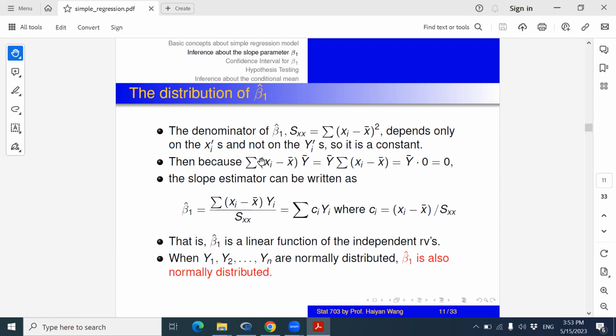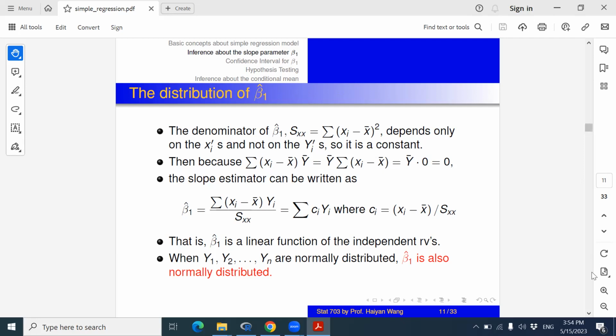Because the sum of xi minus x bar times y bar is simply 0. If that part is 0, there's no need to keep it in there, and it would only make the distribution of beta 1 hat hard to obtain. But after we get rid of that, you can see that beta 1 hat is a linear combination of the yi's. And now we know that beta 1 hat is also normally distributed.